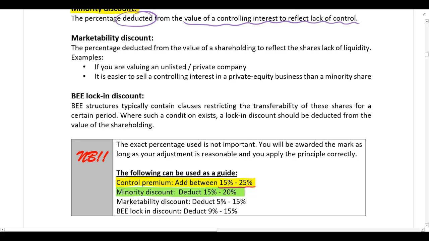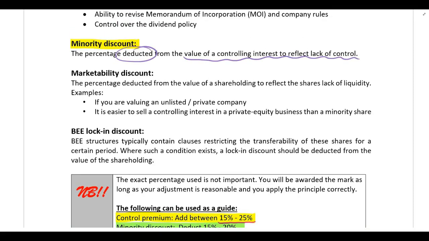Then after considering the minority discount, we then need to consider a marketability discount. And this is a percentage that is deducted from the value of a shareholding to reflect the share's lack of liquidity. So in other words, if the shares are more difficult to sell, you should deduct a marketability discount.